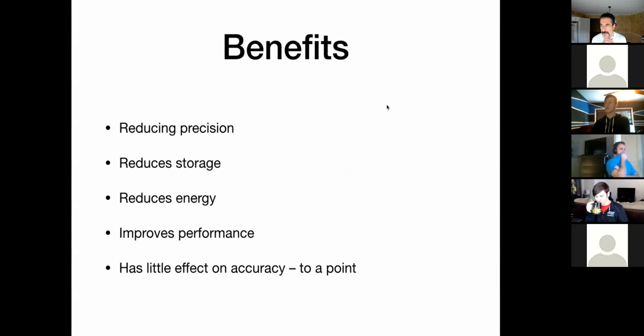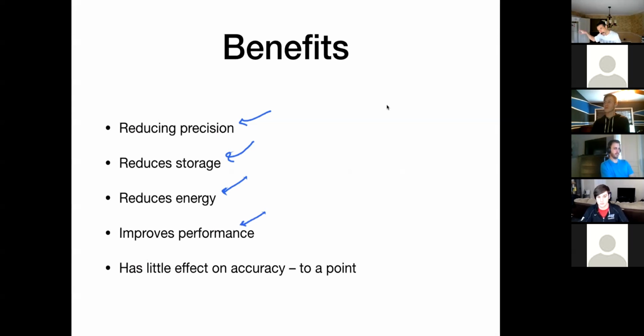You want to reduce it to like 32 or even integer representation. So you get some reduced precision. Obviously, as a result, you need less storage. Also, we'll discuss that this will result in some reduced energy consumption and improves performance.